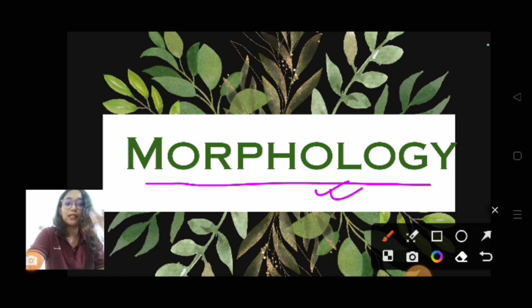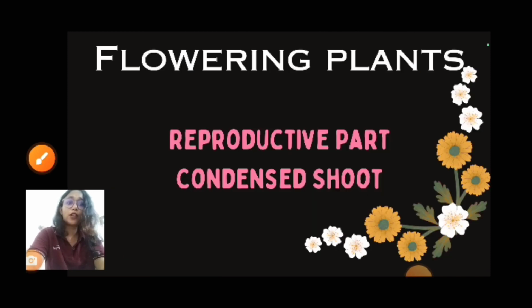Anatomy means the internal structure, which we can't see. But morphology, that we can see. So we'll see the morphological characteristics, meaning the outer appearance. Is it clear?